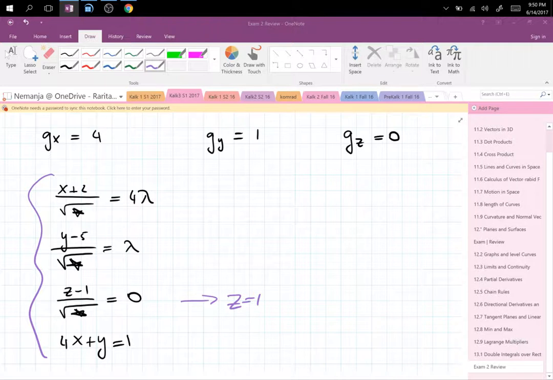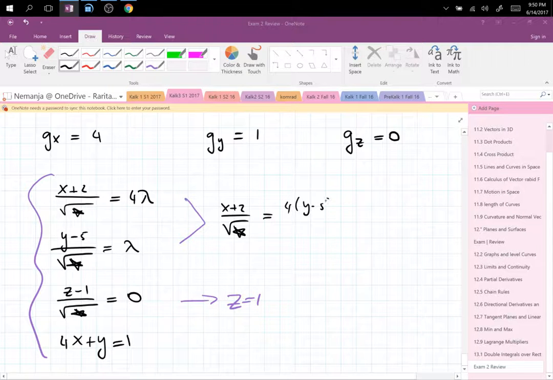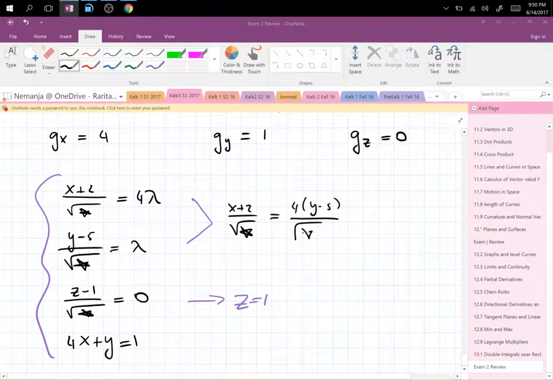Now, if you look at the second equation, it's lambda equals everything else. Just plug it into the first. So you have x plus 2 over the square root of a star is equal to 4 times y minus 5 divided by the square root of a star.